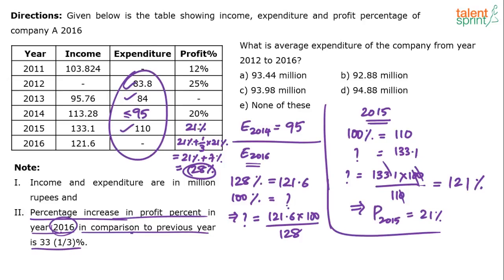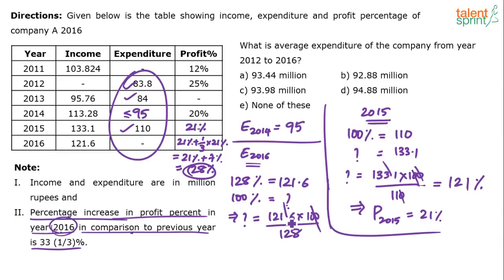576 is 512 plus 64, 576. Yes, it is exactly divisible. So my breakup is as follows. I'm cancelling this first. 1216 by 128.